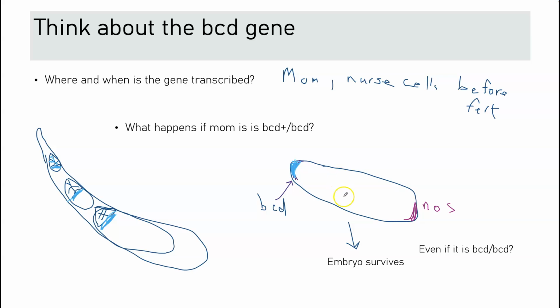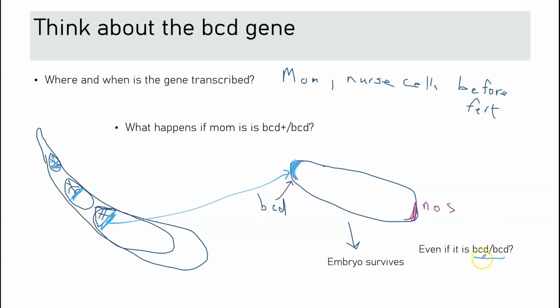Because mom has already, before this egg was even fertilized, before we even knew which allele it got from mom and dad, put the bicoid there. So she did provide what it needed for its early development.